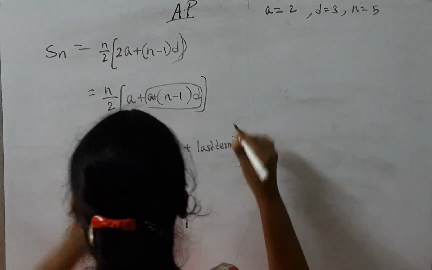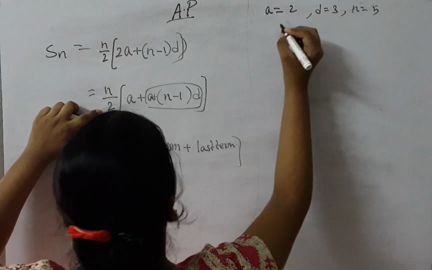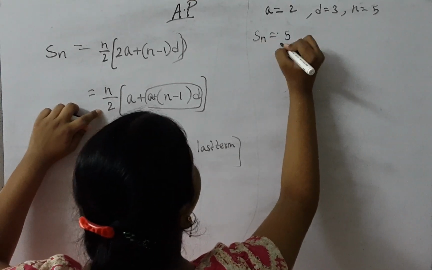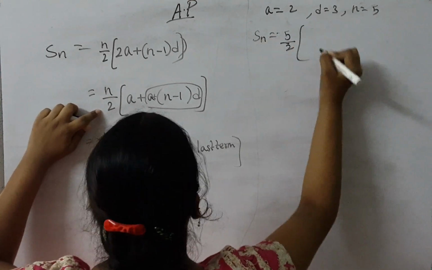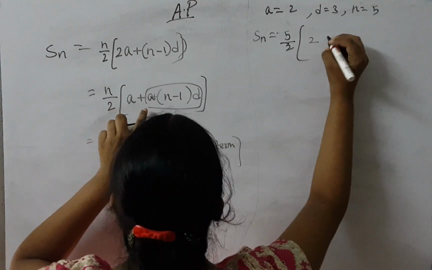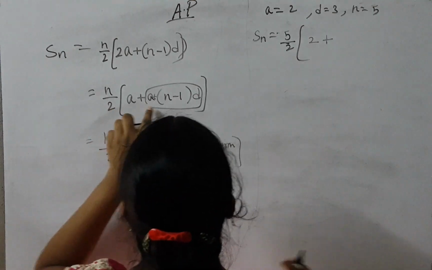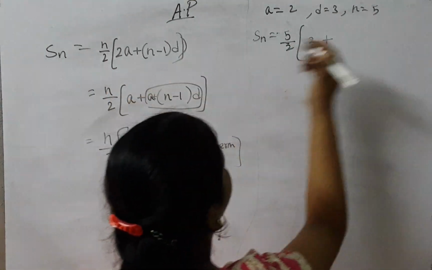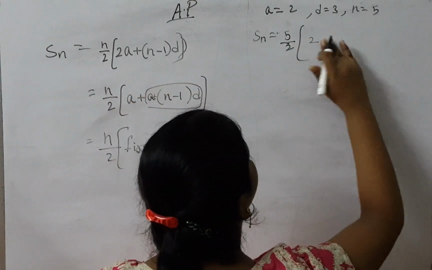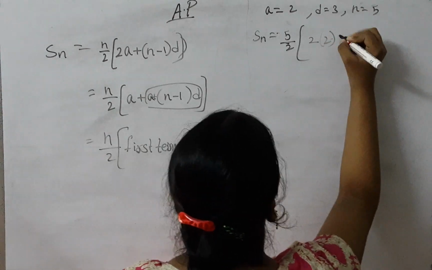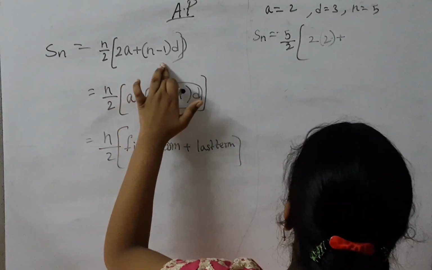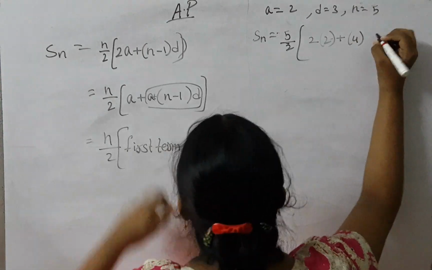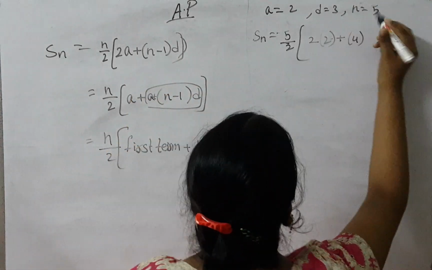Sn is equal to 5 by 2 into 2 into 2 plus n minus 1, 5 minus 1 is equal to 4, into d, 3.